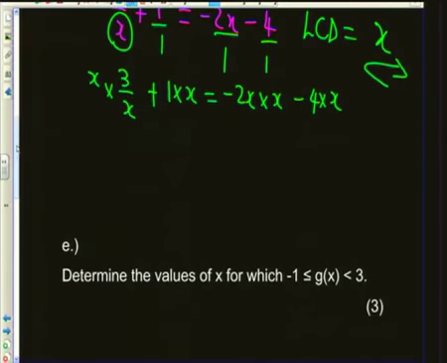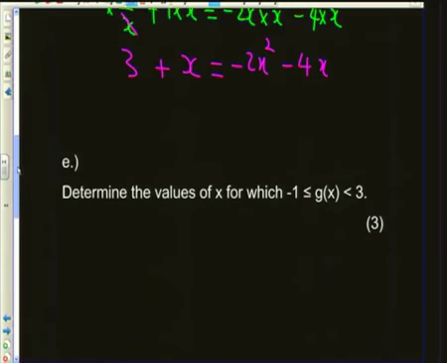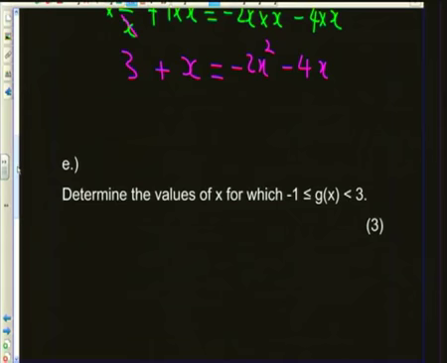Now, boys and girls, I'm multiplying each and every term with the LCD to get rid of the denominator. Now, the x divides the x. I'm left with a 3 plus 1 times x, I get 1x, equals minus 2x times x. It's minus 2x squared minus 4x. Now, I have 3 plus x equals minus 2x squared minus 4x.